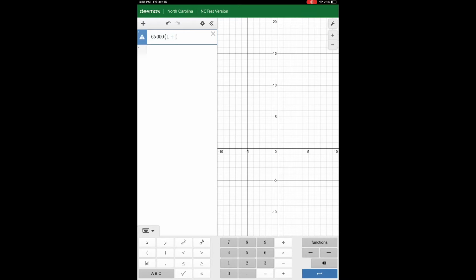It was 65,000, 1 plus, I'm going to hit the division sign and create that fraction, so 0.021 over 4, raised to, now make sure you put this in parentheses as well, 4 times 7 years.